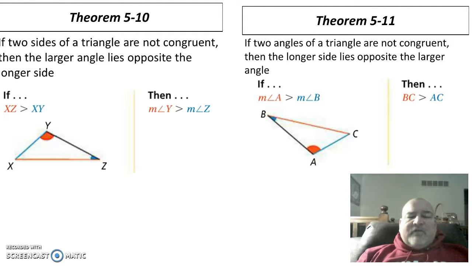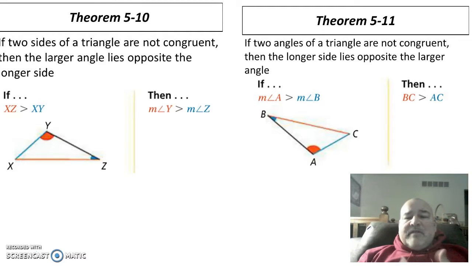If two sides of a triangle are not congruent, then the larger angle lies opposite the longer side. So in our triangle here to the left in theorem 5-10, if XZ is greater than XY, then angle Y is greater than angle Z. Again, your opposite angle is the angle that's not on either side of the side.